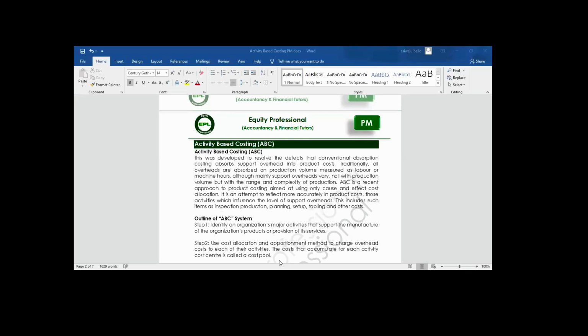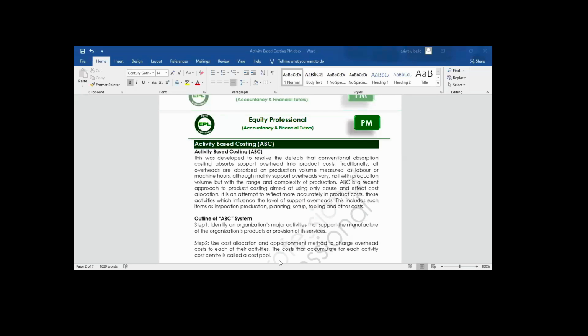We started with life cycle costing. Thereafter, we moved to target costing. Last week, we looked at the theory of constraints and throughput accounting. Tonight, we shall be rounding up modern costing techniques with activity-based costing.